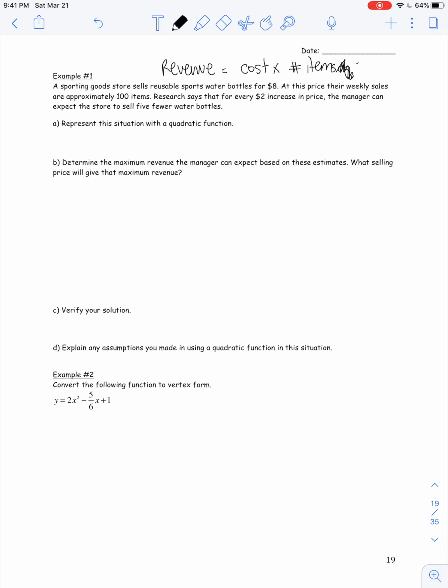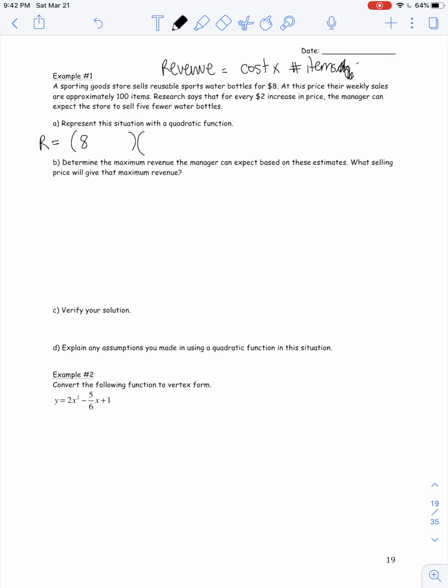So we want to represent the quadratic function that's going to represent this scenario. So revenue, we're going to call it R, is equal to, well, look for any costs. Well, we know we're talking about a water bottle being sold, and we know that originally it was sold for $8.